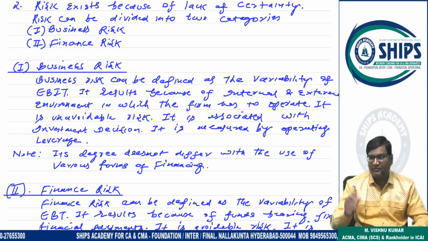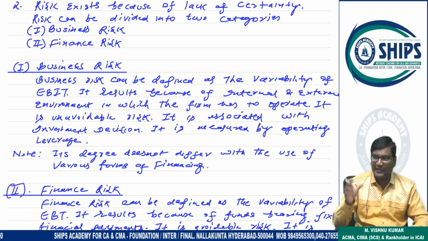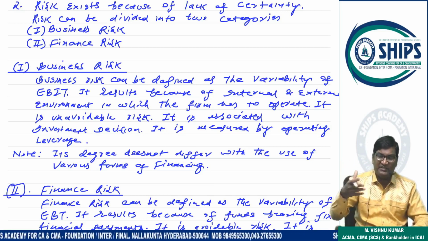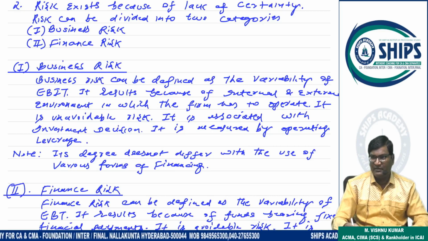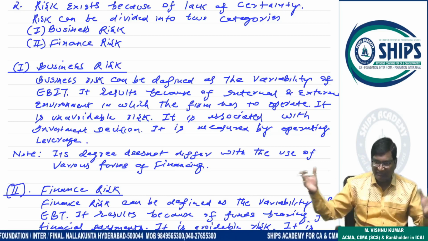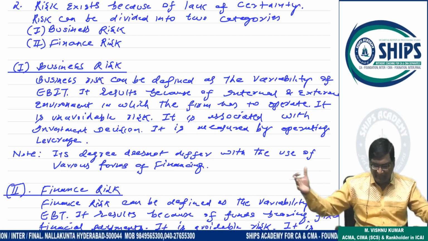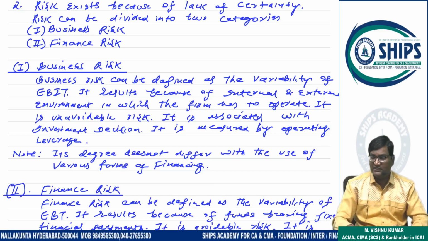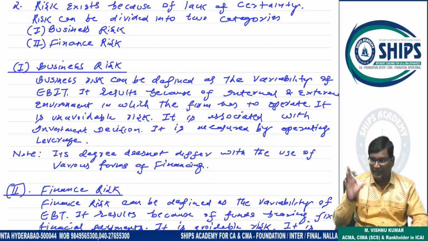So mostly this risk arises due to capital budgeting decisions. Whenever you invest in a capital project, high operating costs will be there, staff members will increase, big premises will be required, so fixed operating costs will increase. So this business risk mostly increases due to capital budgeting.